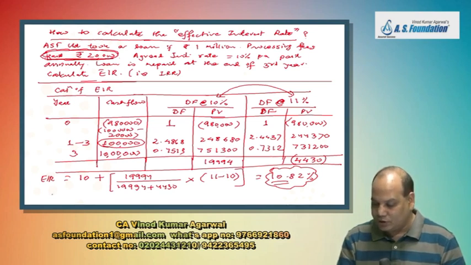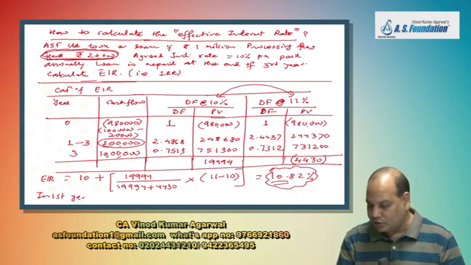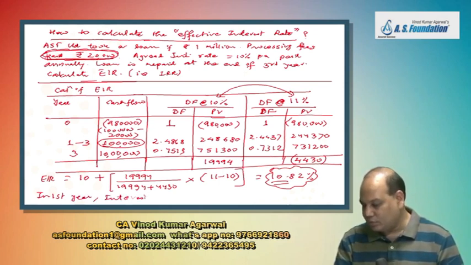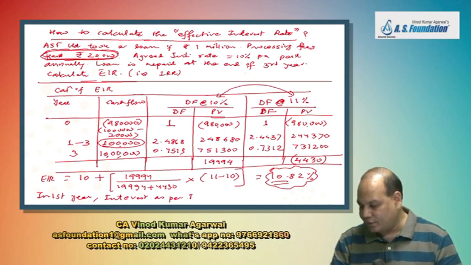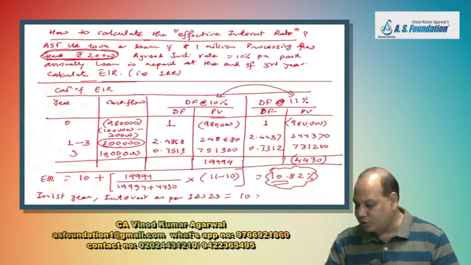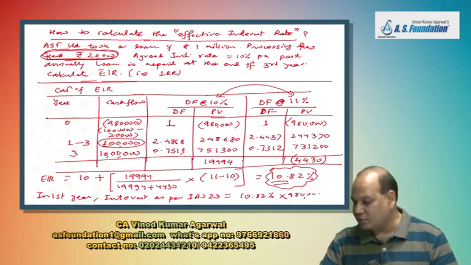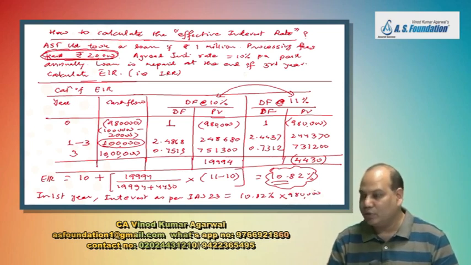So in the first year, interest as per IAS 23 will be equal to 10.82% of which number? 9 lakh 80,000, not 10 lakh. 10.82% of the net amount, 9 lakh 80,000.